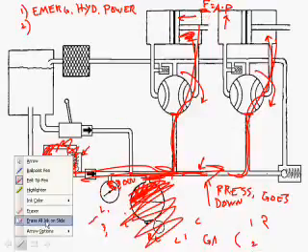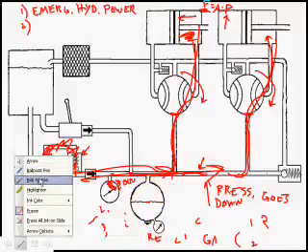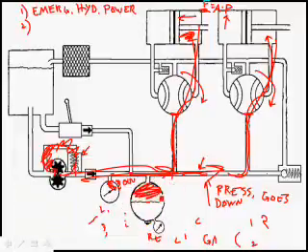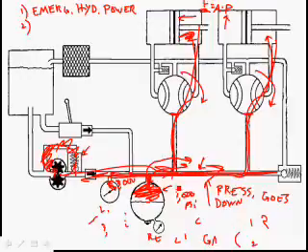However, if we had an accumulator and it had fluid in here storing it at 3,000 psi, and we turned on a whole bunch of things all at once, if there's not enough fluid in the pressure line to provide the actuators, some of this fluid in the accumulator would be able to be used in the pressure line.